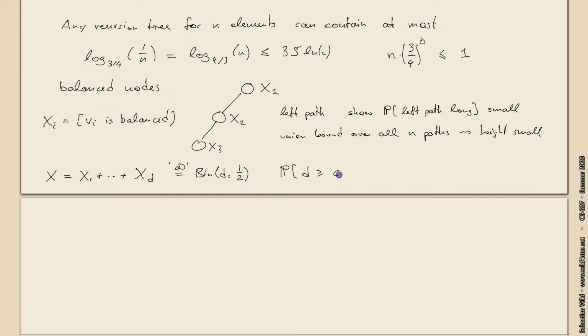Okay, let's leave it unspecified. A constant times log n for a large enough constant. That's the probability that our x is less than or equal to the magic bound. It cannot be more than this.